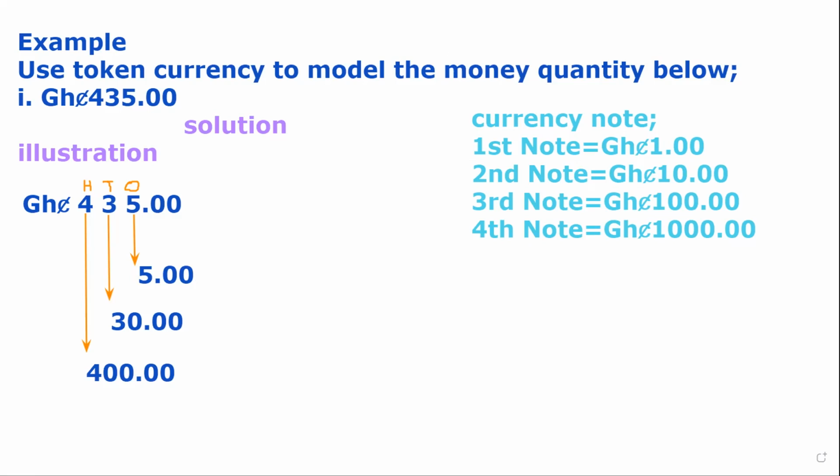So with the 5 Ghana cedi, we are going to utilize the 1 Ghana cedi to model it. Here will be the first note, and the first note is 1 Ghana cedi, because 1 Ghana cedi is much closer to the 5 Ghana cedi than any other currency note that we have stated. So 1 Ghana cedi, and then how many 1 Ghana cedi are we going to spend here.